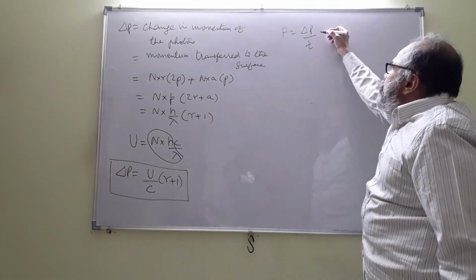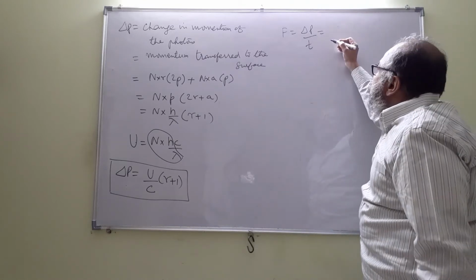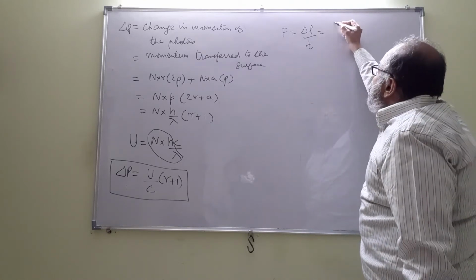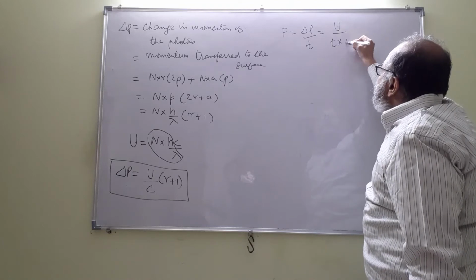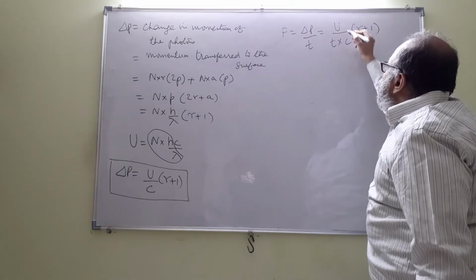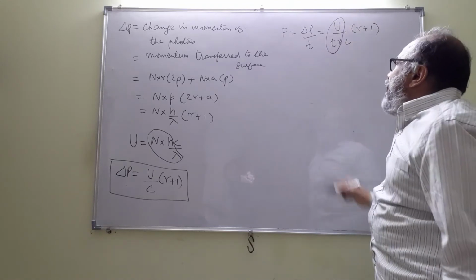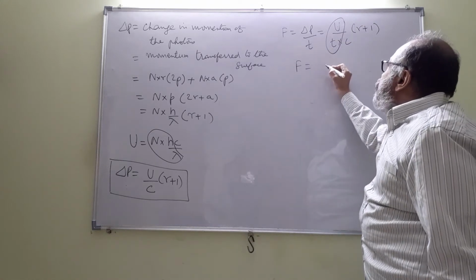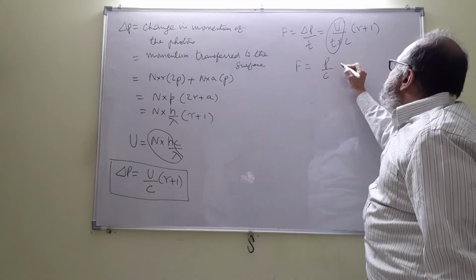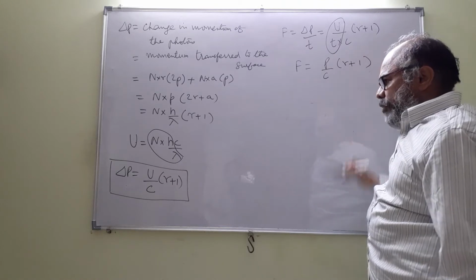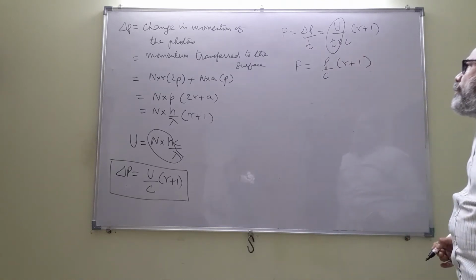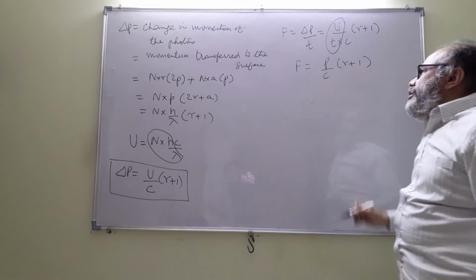So delta P by t would be U by t into C into R plus 1. U by t is the power. So the force F would be P by C into R plus 1, where P is the power.